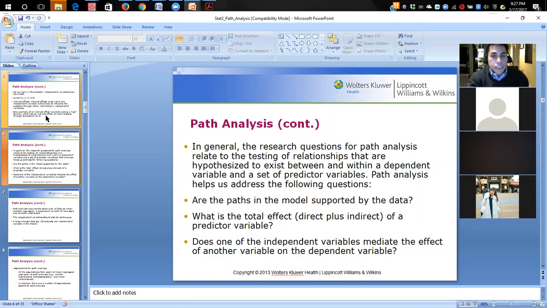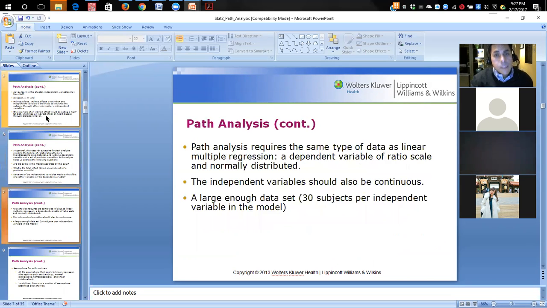So this goes back to the same overview of path analysis, which says it goes beyond traditional regression analysis. And you will see in a little bit that there's a lot of output here that looks very similar to the regression analysis that we have covered in the earlier weeks.